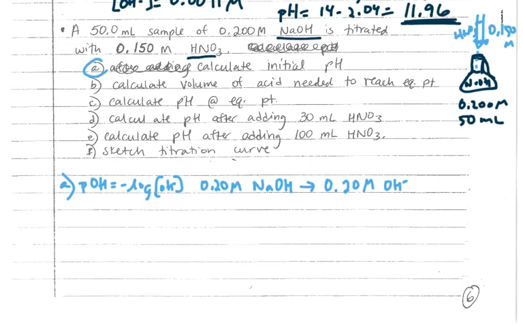So the pOH is the negative log of 0.2. I did my math wrong in my notes, so now I'm redoing it.